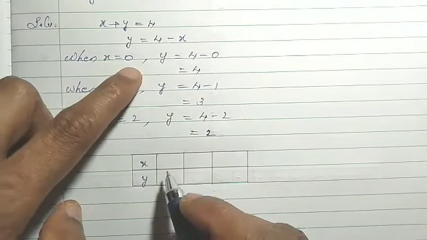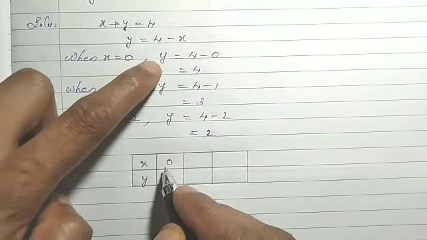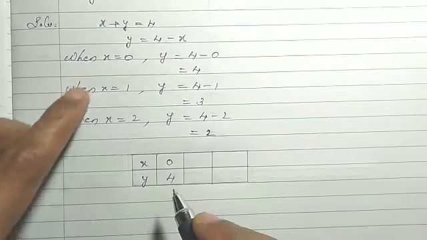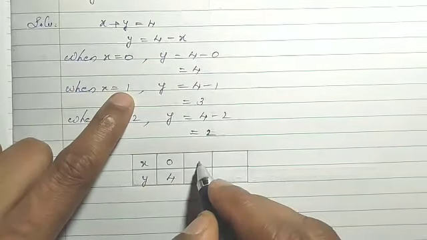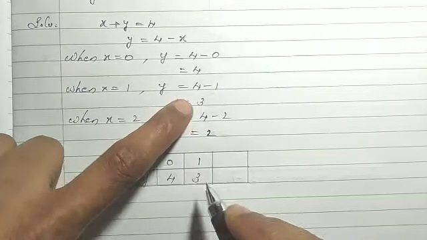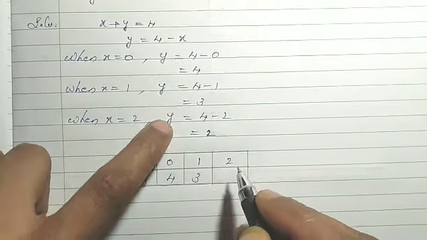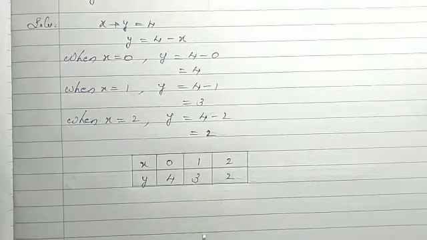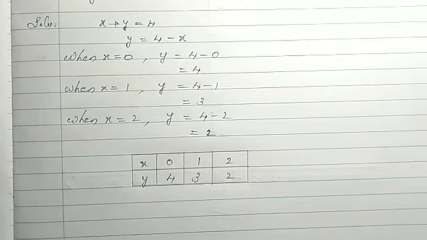The first x value we substituted is 0, we will write that here. The corresponding y value we got is 4. The next x value we substituted is 1, the corresponding y value we got is 3. The next x value is 2, the corresponding y value is 2. So these are the 3 solutions of the equation.